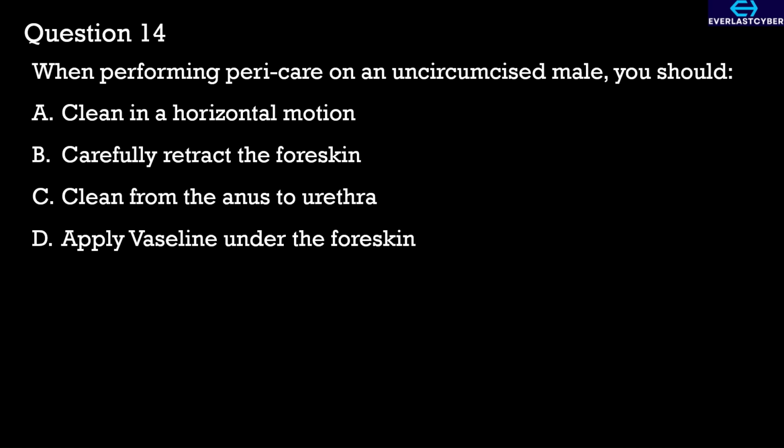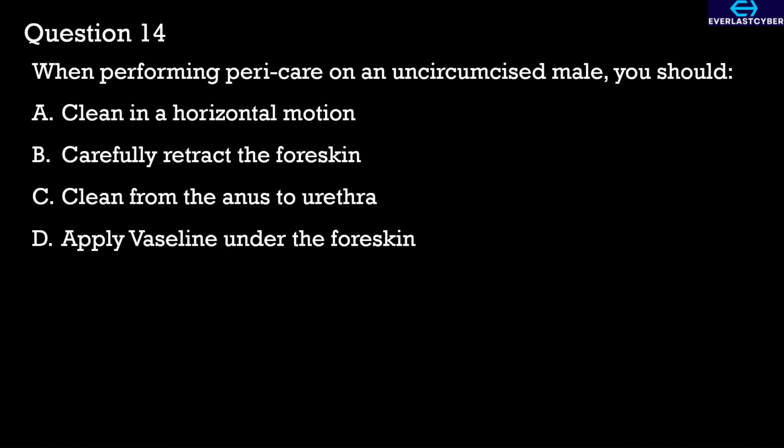In option B, while performing pericare on an uncircumcised male, the foreskin should be gently and carefully retracted in order to clean underneath it properly. After cleaning, it must be returned to its normal position in order to prevent constriction. Option C, cleaning from the anus to the urethra, is the wrong direction.